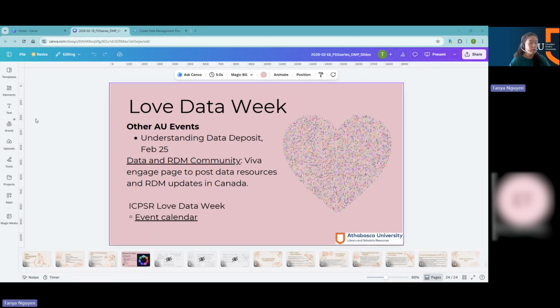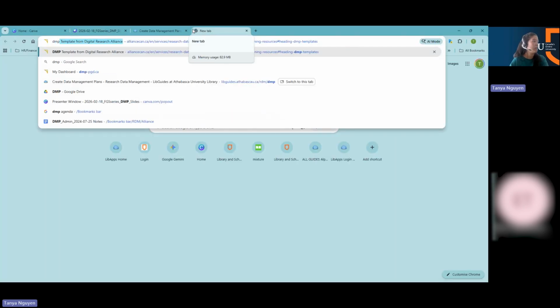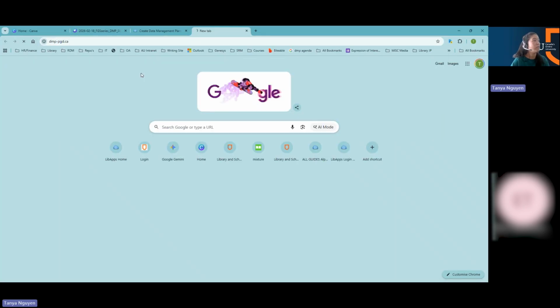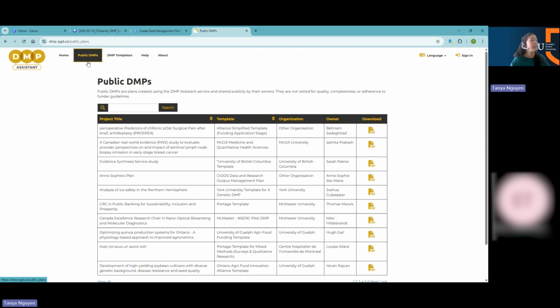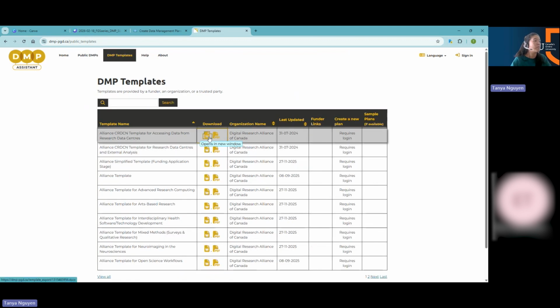So I did say I was going to do a quick demo of the DMP Assistant. So again, this is a national tool provided by the Digital Research Alliance of Canada. So you don't have to create an account. You can still access these DMP templates freely without an account.